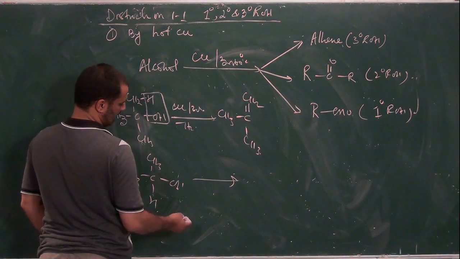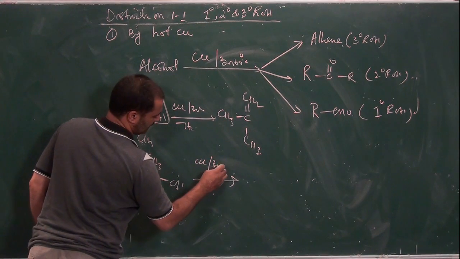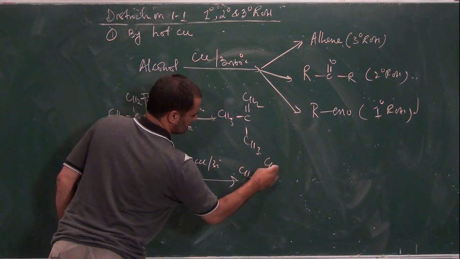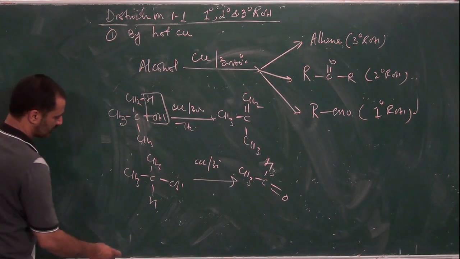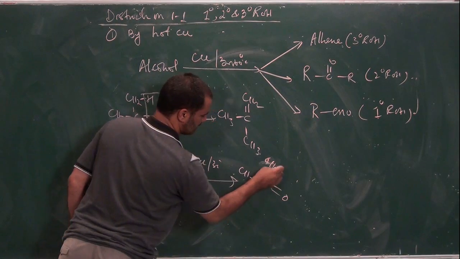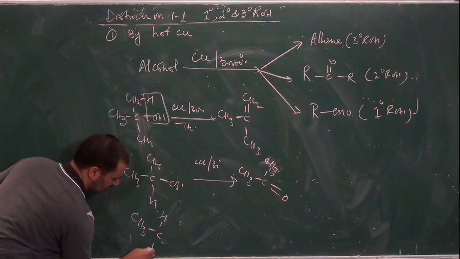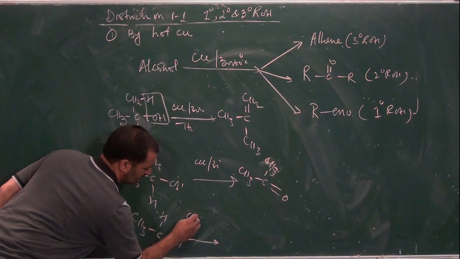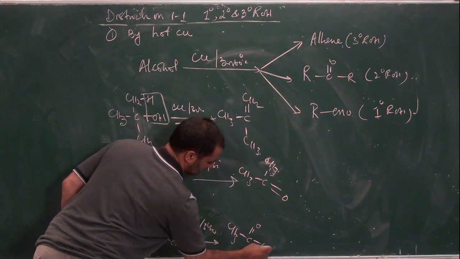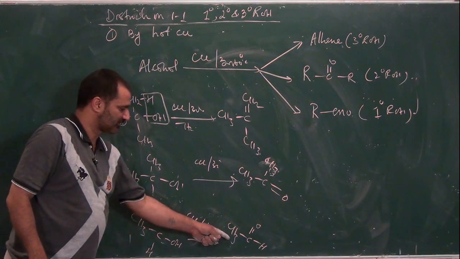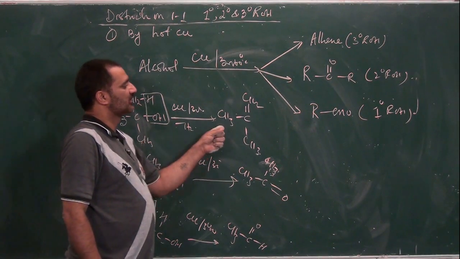Copper at 300 degrees, it is a ketone. And if it is CH3CH2OH, copper 300 degrees centigrade, it is CH3CHO. So from primary alcohols, aldehydes are formed. From secondary alcohols, ketones are formed. And from tertiary alcohols, alkenes are formed.